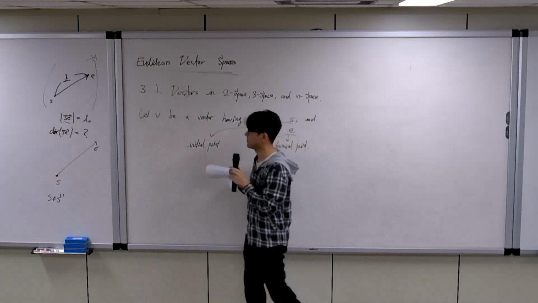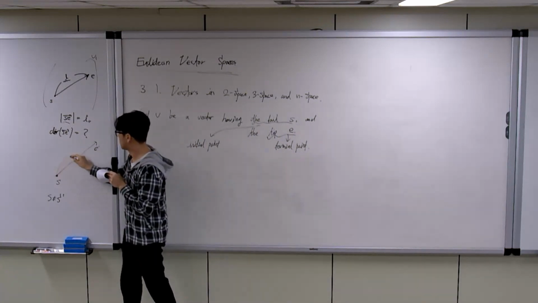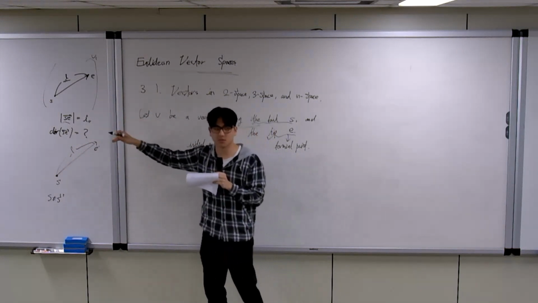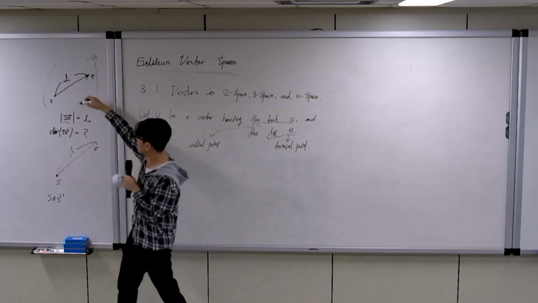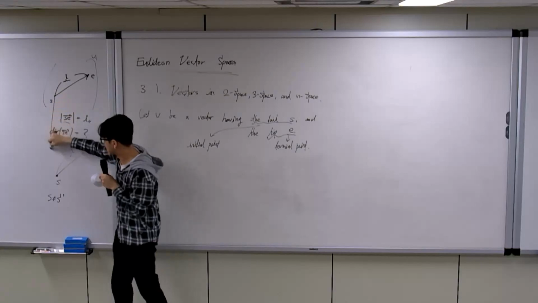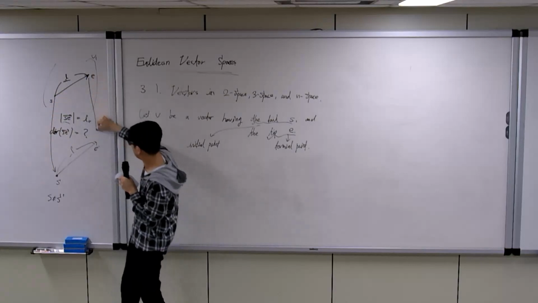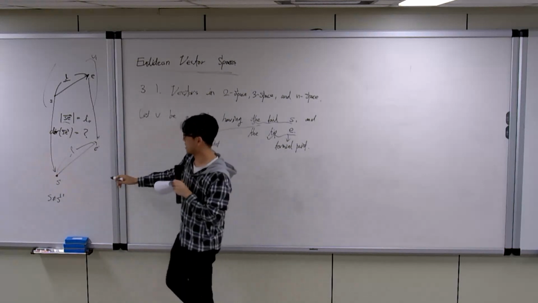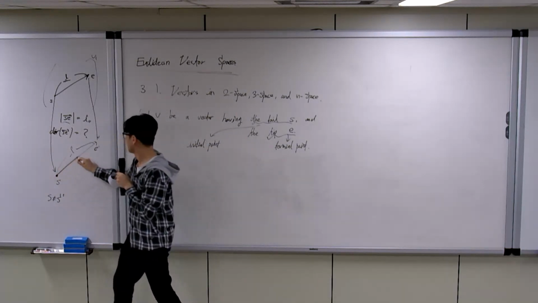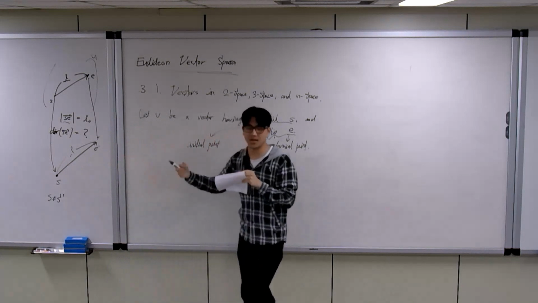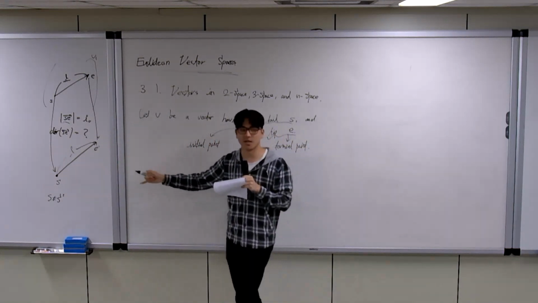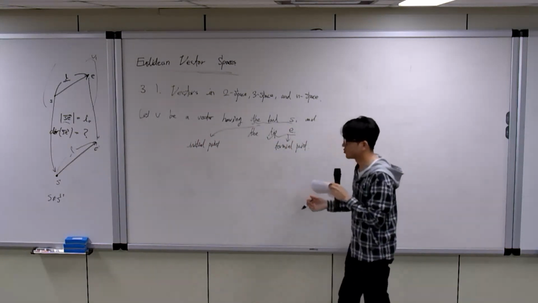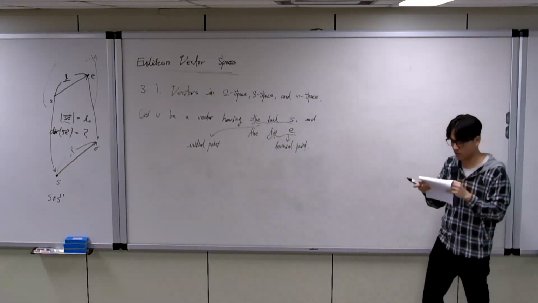However, if the length of the two vectors and the direction of the two vectors are the same, that means if you move this vector to the same initial point and they have the same direction and same length, then we say the two vectors are equivalent.